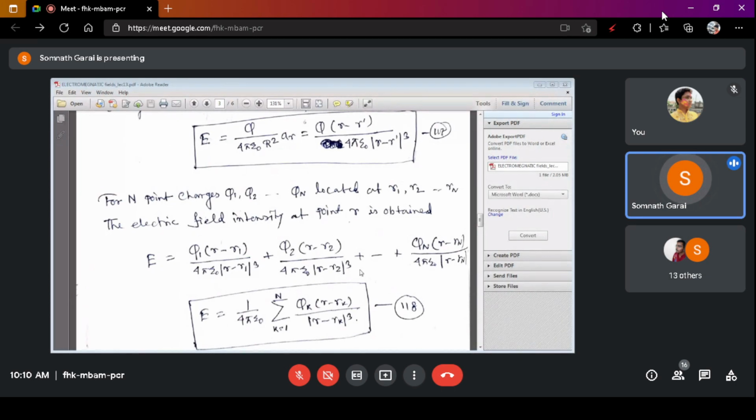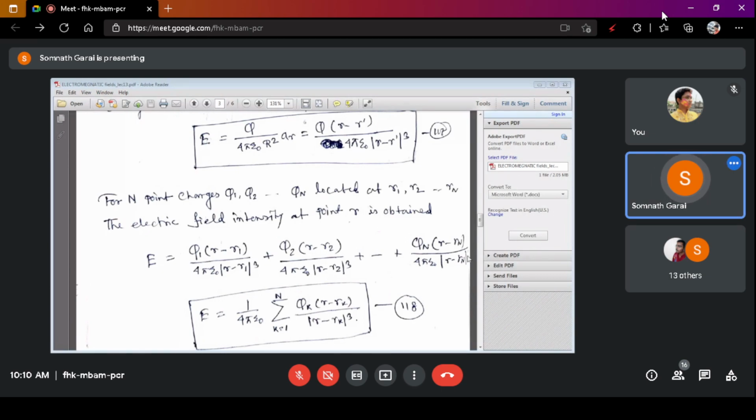Dot dot dot. If you calculate Qn, then Qn into R minus Rn whole divided by 4 pi epsilon naught mod of R minus Rn cube. Right?